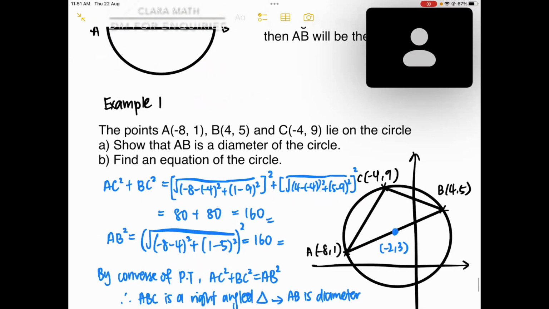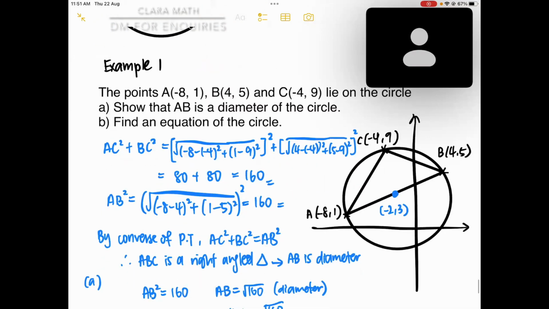So example here is there is a triangle in the circle and they're asking you to find whether AB is the diameter. So what you do here is you have to prove that it's a right angle triangle using Pythagoras theorem.